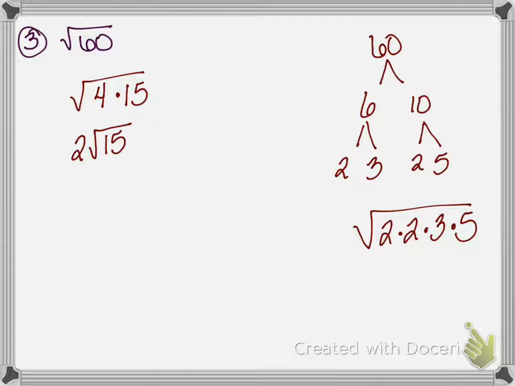Now, I have a set of 2's inside. When I have 2 2's inside, how many do I write on the outside? Just 1. Then what do I have left on the inside? Good. Okay, so prime factorization is always an option.